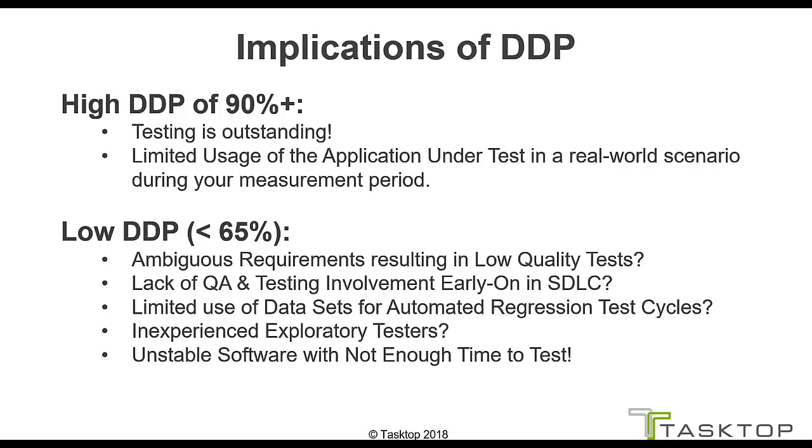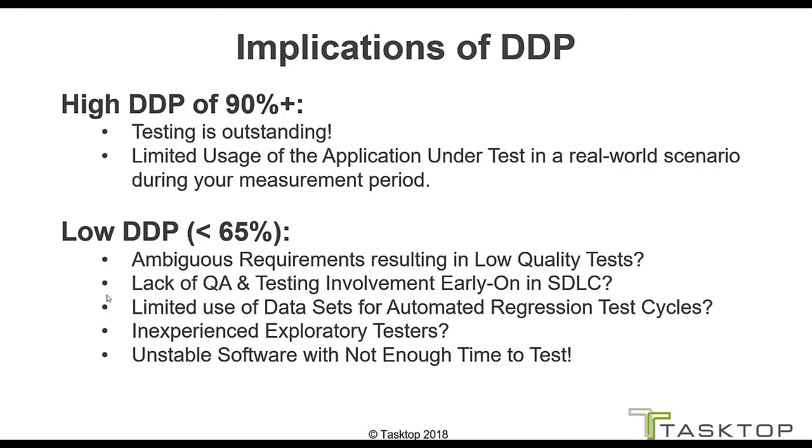Or perhaps there was limited use of data sets for automated regression tests, or maybe our testers were inexperienced, or there wasn't enough exploratory testing, or there wasn't enough time to test. So there are all these different things you have to think about when you're monitoring and evaluating DDP. The value comes from monitoring it over the course of time, because you can identify trends, movements and patterns. That is the true value and power of DDP.